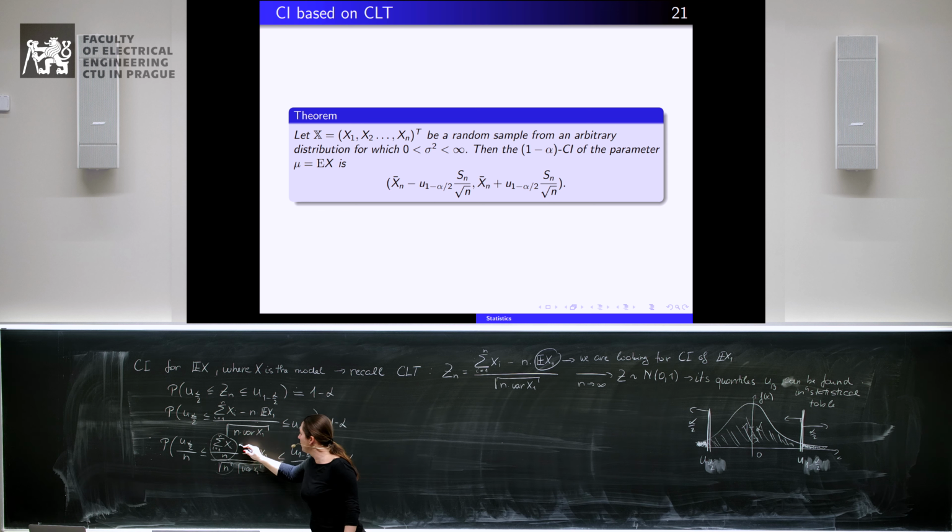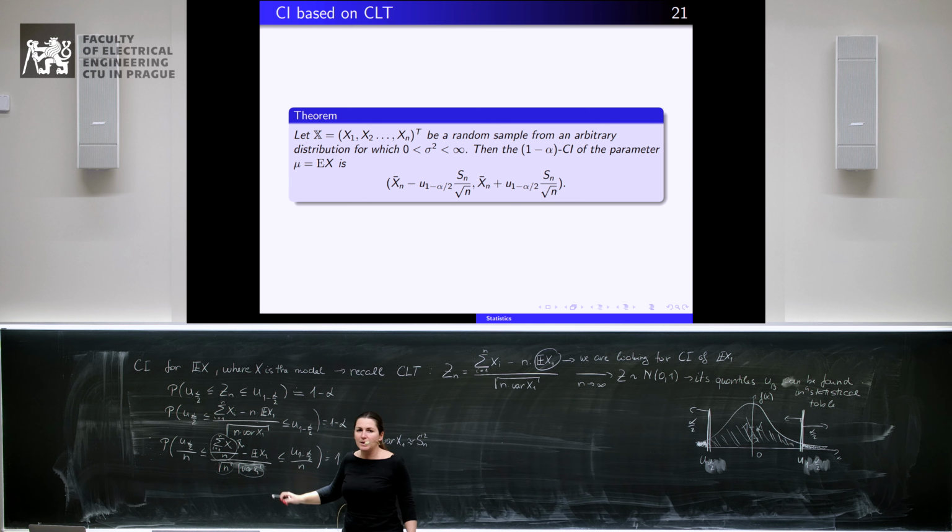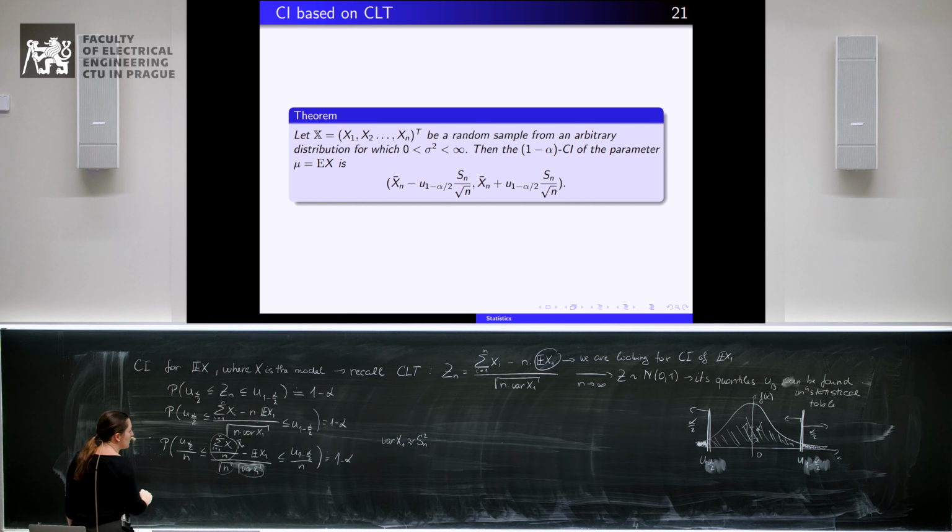Here we have the sample mean, and here we have the variance of X1, which can be estimated as the sample variance. So we will replace the theoretical variance by the sample variance, because for large n they are close enough. We will denote this sum over n as a sample mean, and we will multiply everything by this square root of n.